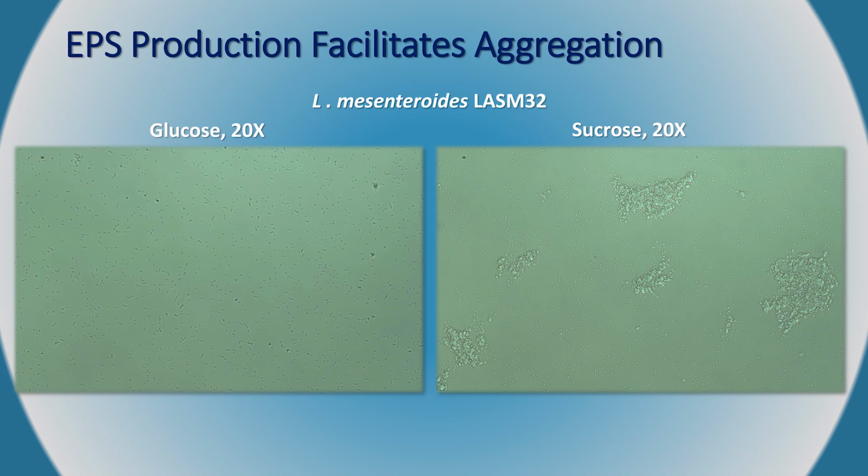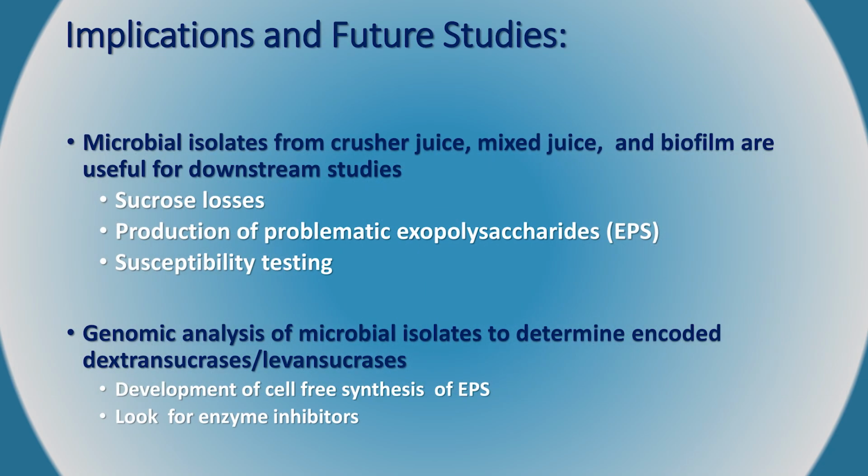But if we grow them on fructose, we see these huge clumps forming that are very difficult to dissociate, and they're all throughout the viewing slide on the microscope. So we think that EPS production plays a role in the formation of the biofilms and the gums that we see throughout the factory. So this is a really interesting thing to keep in mind as well.